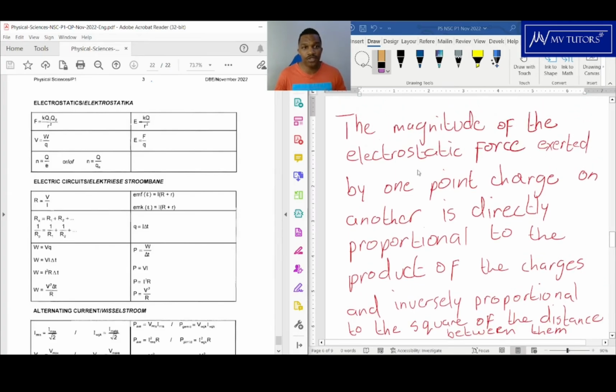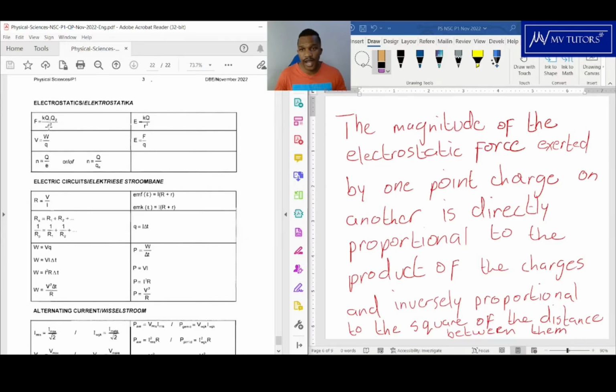It says the magnitude of the electrostatic force, that force they're talking about there, exerted by one point charge on another. The point charges they're talking about are Q1 and Q2. It is directly proportional to the product of the charges, meaning you're multiplying the charges, and inversely proportional to the square of the distance between them.